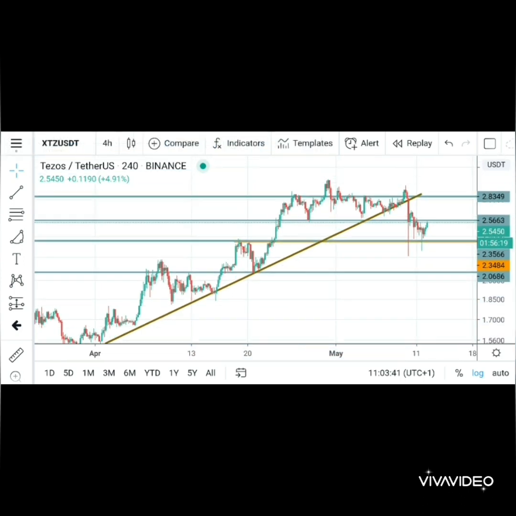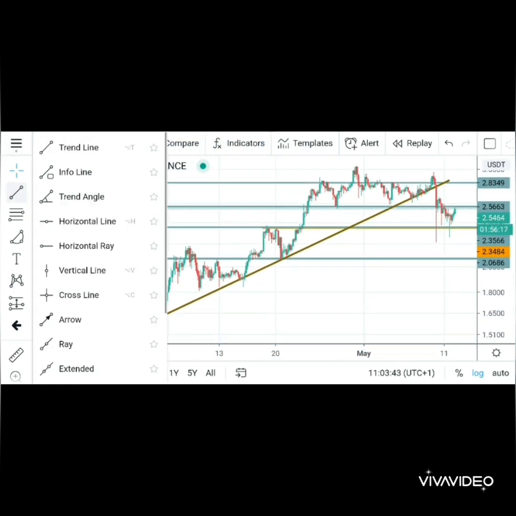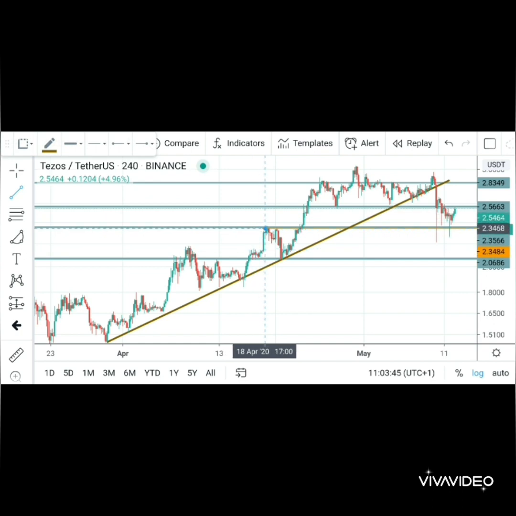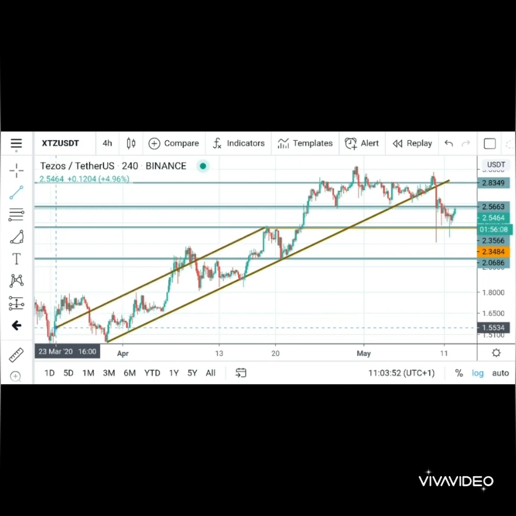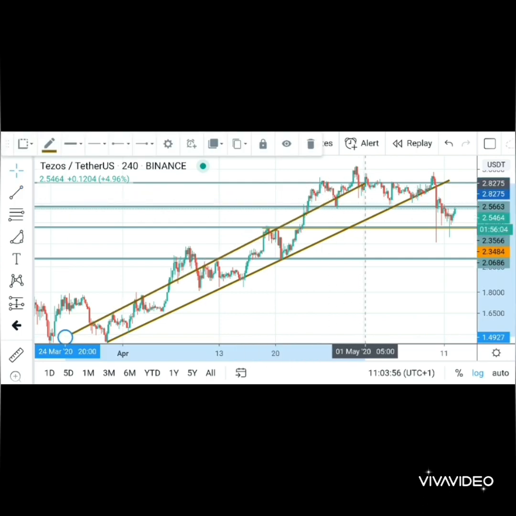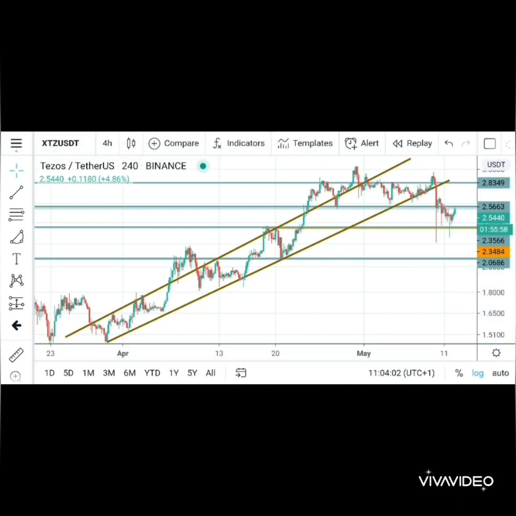Let me draw the two trend lines that I can identify over here. I'm just using this one as a fast example to pass on the information. So this is it.